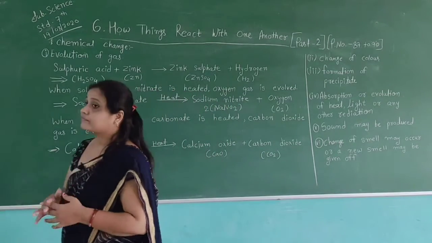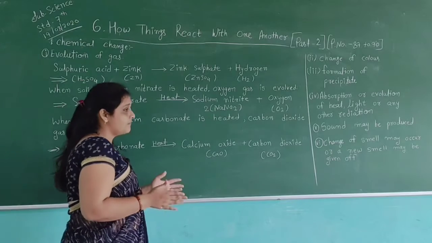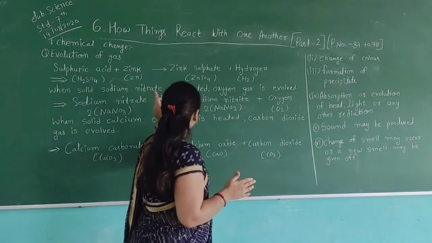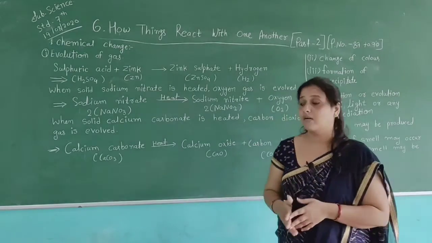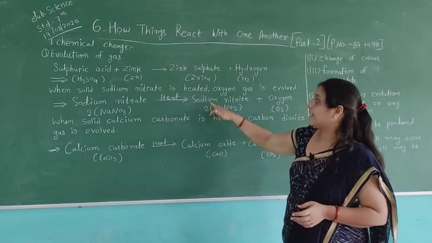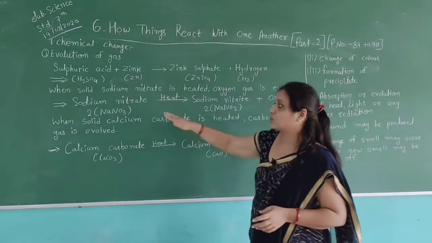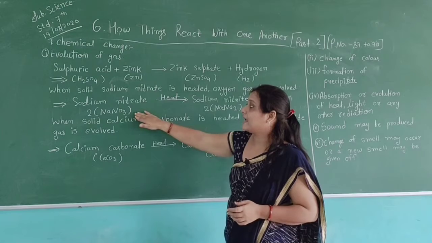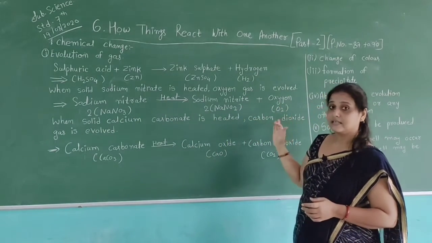Then, when solid sodium nitrate is heated, oxygen gas is evolved. Sodium nitrate, when heated, gives sodium nitrite plus oxygen: 2NaNO3 gives 2NaNO2 plus O2, because oxygen is evolved.